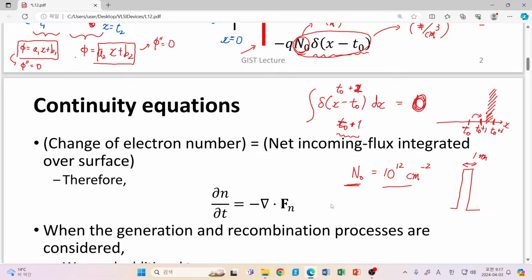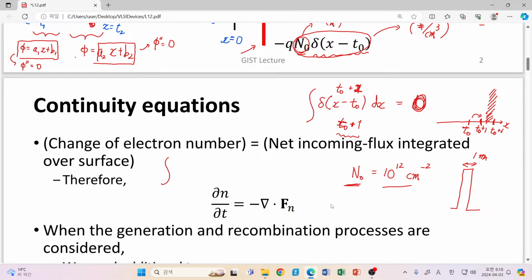So within 1 nanometer you have certain charges, and when it is integrated over 1 nanometer, it gives you just the number 10 to the 12. Let me just do it.